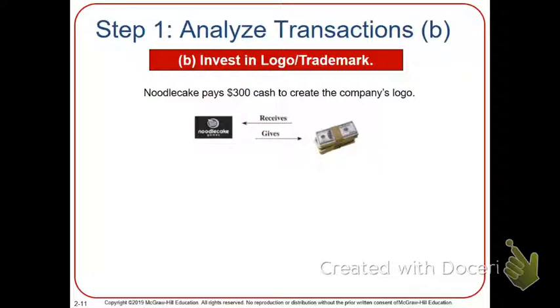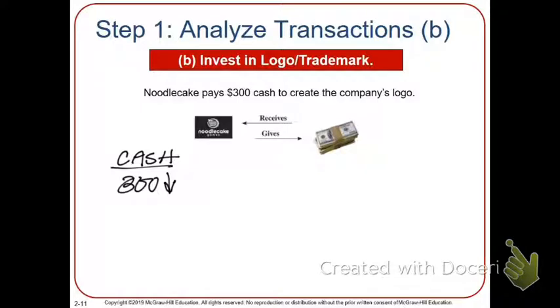If Noodlecake paid $300 cash to create a logo, did a transaction take place? What do you think? Yes. In this case, we paid $300, so cash is going to go down. What is a logo? Okay, proprietary asset.